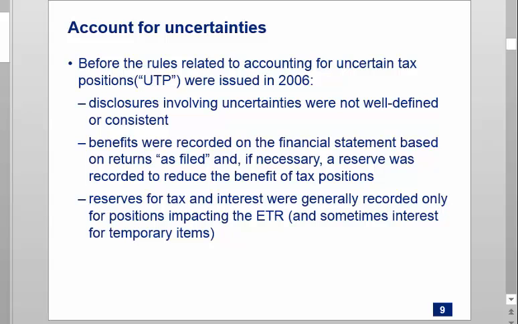Before the rules we're going to talk about in a minute, companies had almost no disclosures in their public filings. So if you pulled up a 10K for EA from 2005, let's say, it would say almost nothing about tax exposures, is my guess. It might include a statement that says, we're adequately reserved.